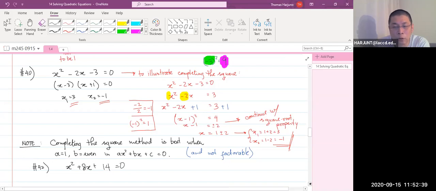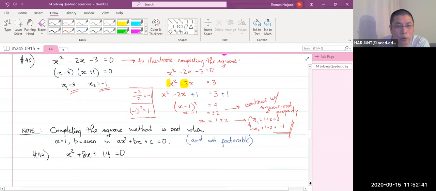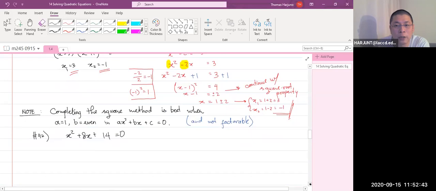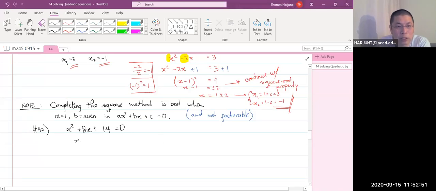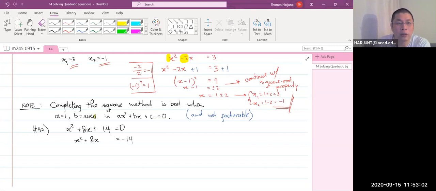Now, of course, always check if this is factorable or not. You will see in this case it's not factorable. So what I will do is isolate the variable terms on one side and the constant on the other side. Then I check, oh, the leading coefficient is already 1 and the coefficient of x is even.